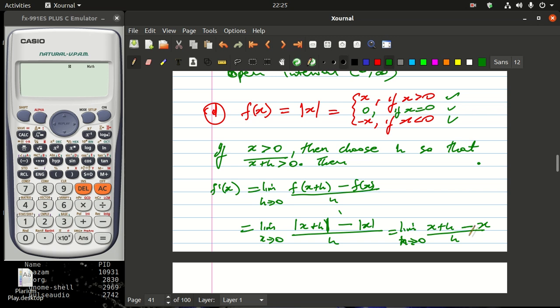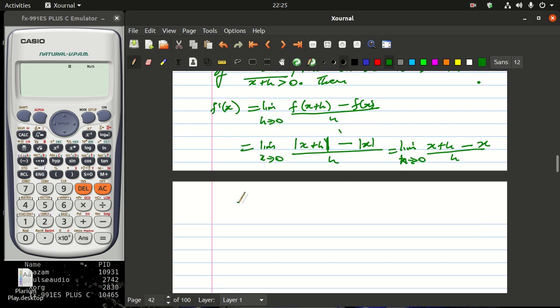Of course, this is going to be the limit as h approaches 0 of this x, and this x would cancel out, and now we'll end up having h over h, which is the same as the limit as h approaches 0 of 1, because the h's cancel out and you're left with 1. And of course, the limit of a constant is that constant.